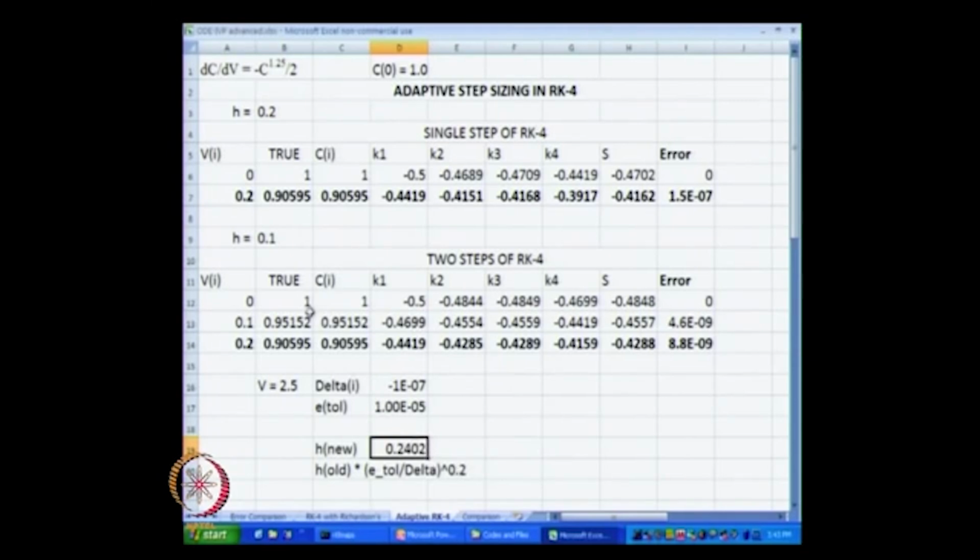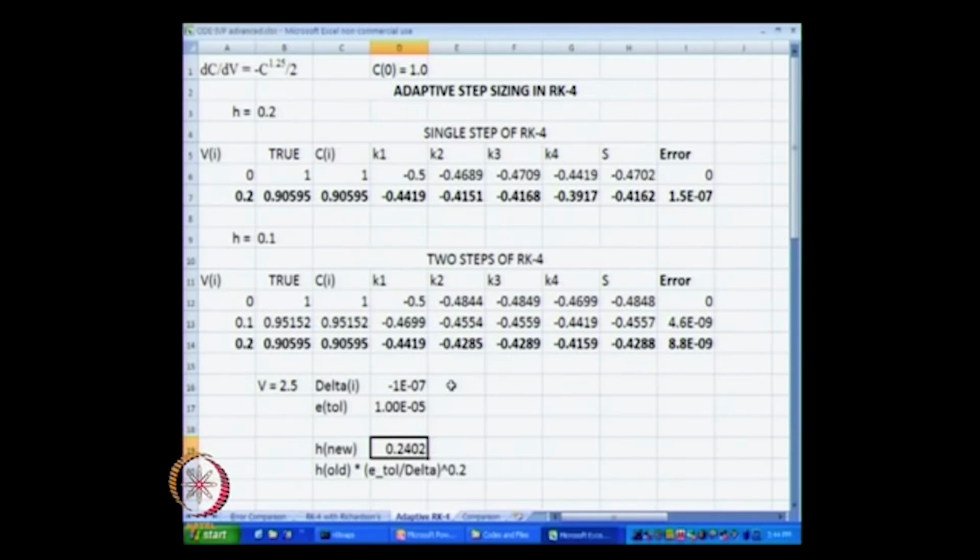Okay. So as you see, instead of choosing a step size of 0.1, our adaptive step sizing technique has said that it would have been okay if we had chosen the step size of 0.24 as well. Okay. So that is essentially how the adaptive step sizing actually works.